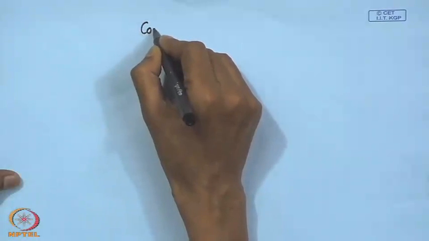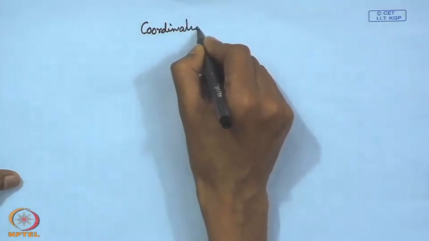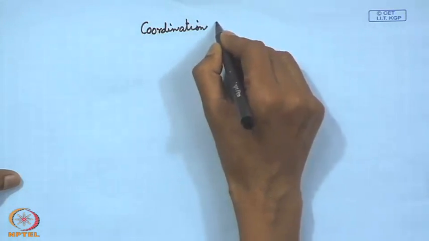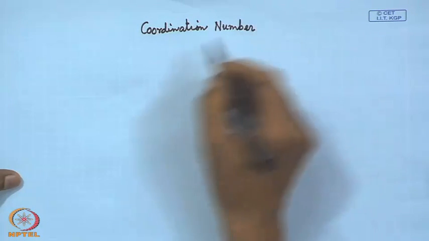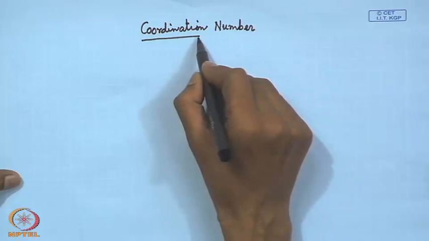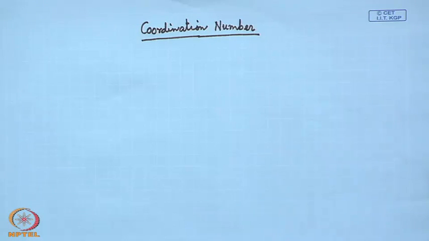Good evening to everybody. So, today we will see how we can define the coordination number of any metal complex, which is a most general term related to some other species as well.